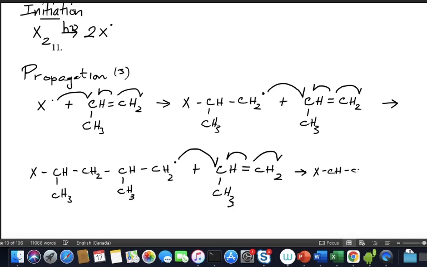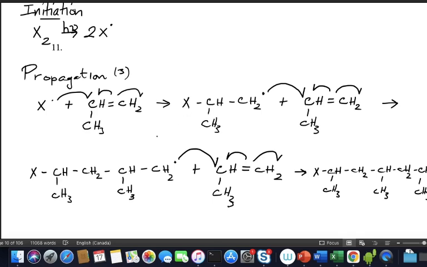So bear with me for a second while I draw. I'm going to try to do it a little bit smaller so I can fit everything on the page. This time you can see there are 3 repeating units, and don't forget your single electron on the end.